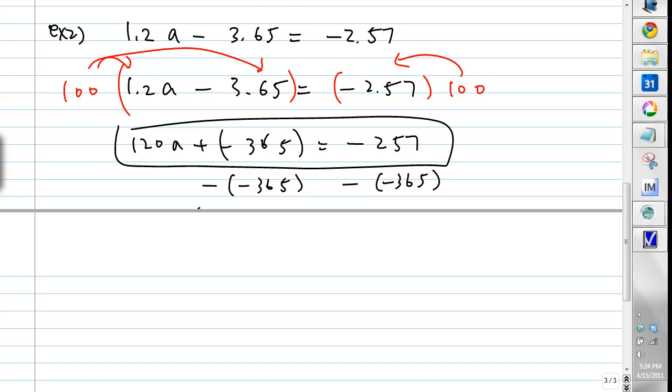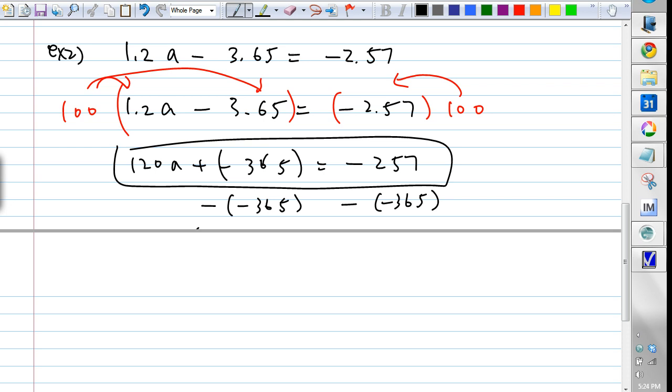And you're right. So let's subtract both sides by negative 365. So we get here 120a. They cancel out, right? Because negative 257 minus a negative number is really adding 365.